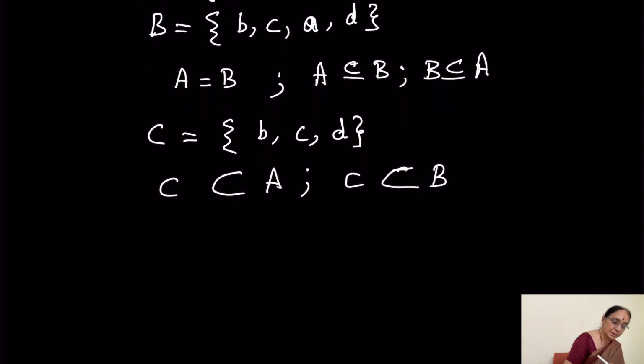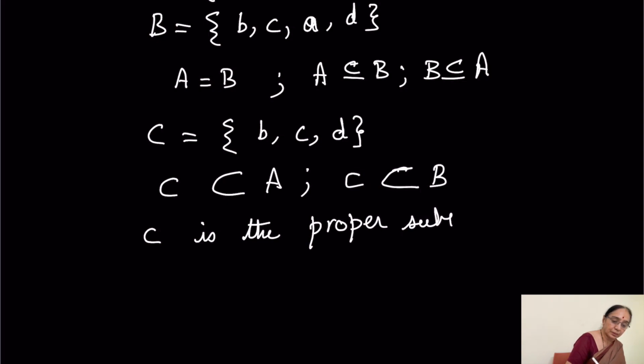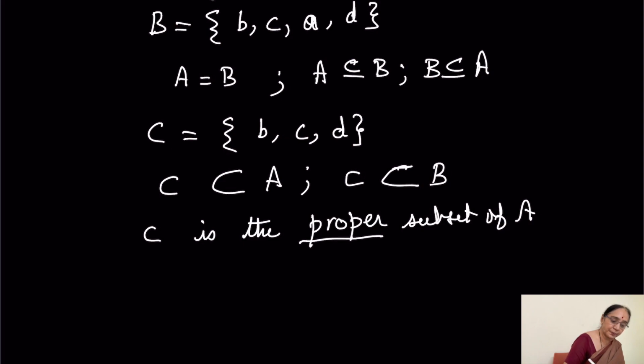Here C is called the proper subset of A or B. When I use the word proper, the number of elements in the subset will be less than the number of elements in the bigger set. And some books also call the bigger set the superset.